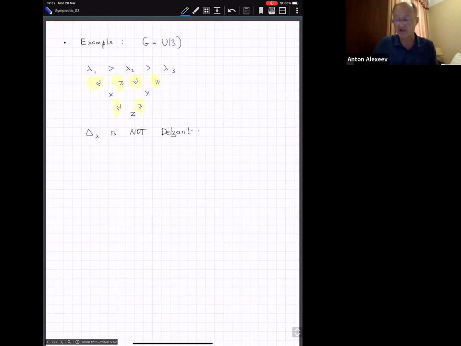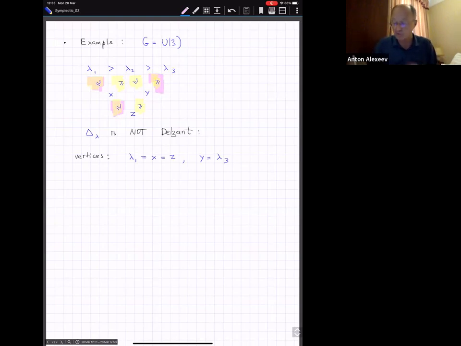So let's look at it. One efficient way is to look at the vertices of that polytope. Just to give you an idea, I will look at a good vertex and at a bad vertex. For instance, a good vertex is lambda 1 equal to x equal to z, and y equal to lambda 3, which means that these inequalities are actually equalities.